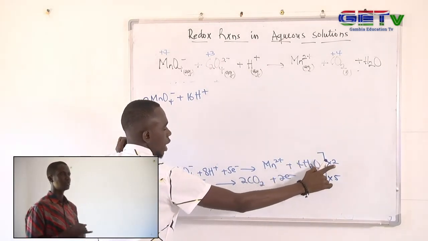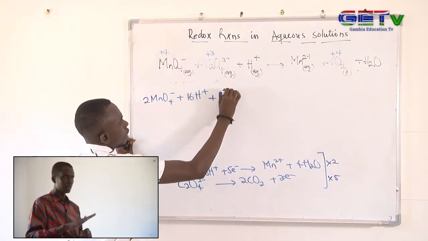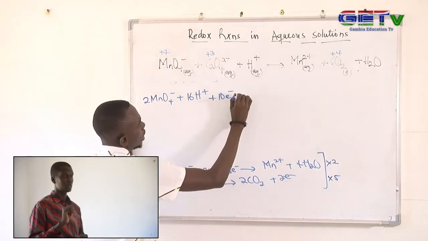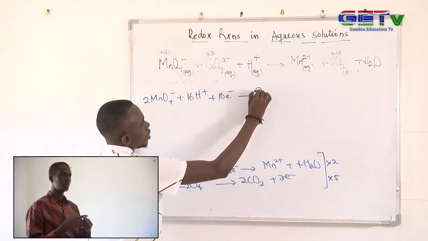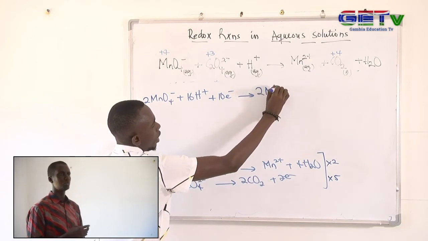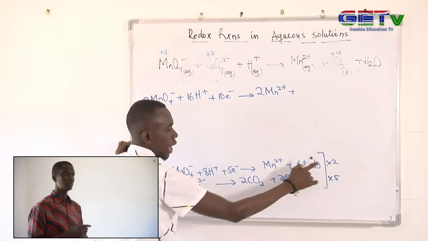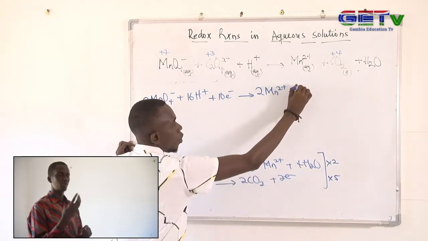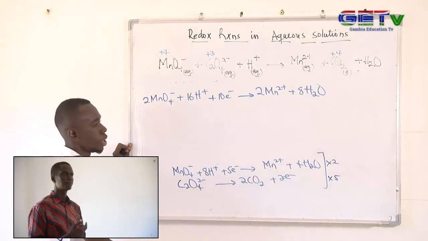We have 2 times 5, that's going to be 10 electrons. This will give us 2 times 1, still we have Mn2+ plus 2 times 4, which is going to be 8 water molecules.